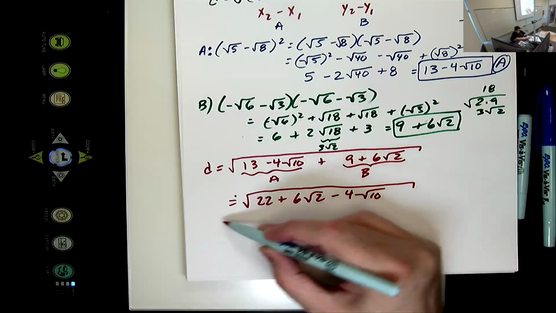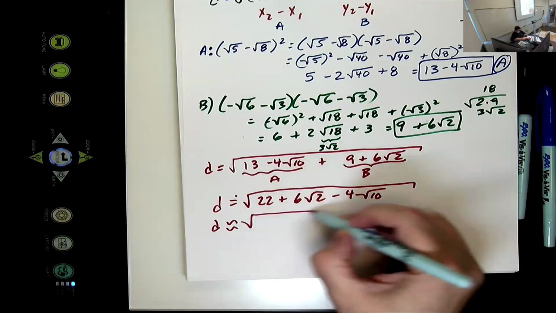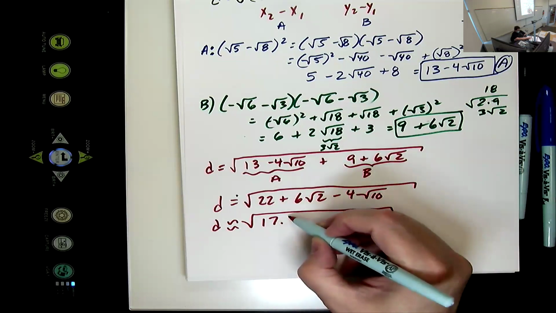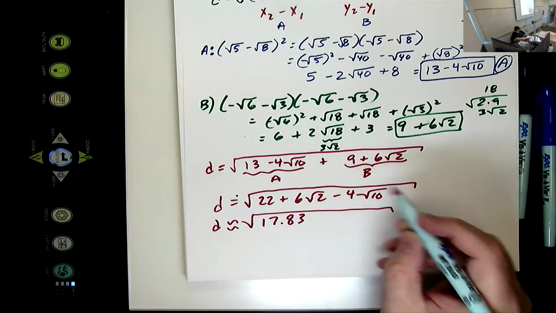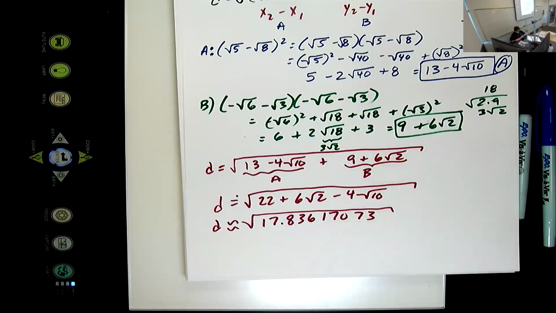Inside the radical, I'm getting, and this will be approximate because I'm rounding. So if I take the square root of that.